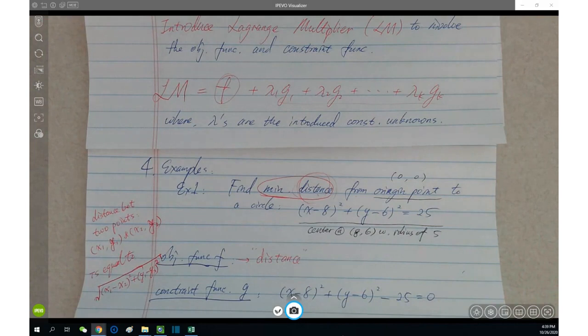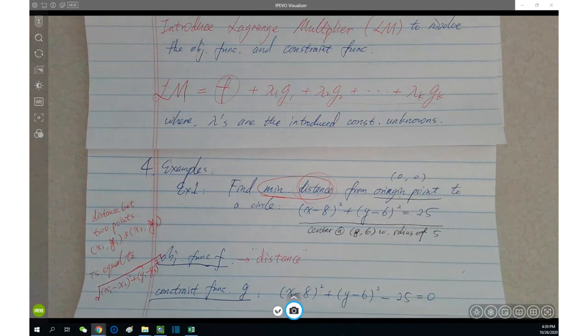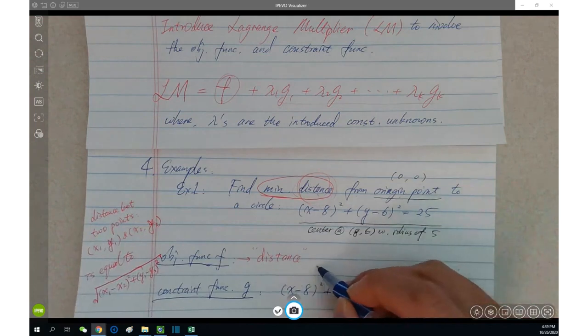And going back to this particular example, the distance here means the distance between 0, 0, this particular point, and another unknown point. Therefore, how to write this objective function?